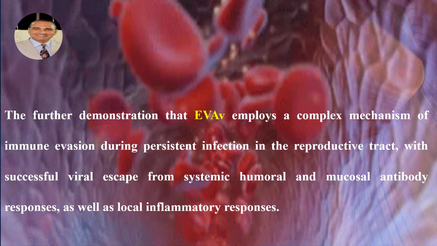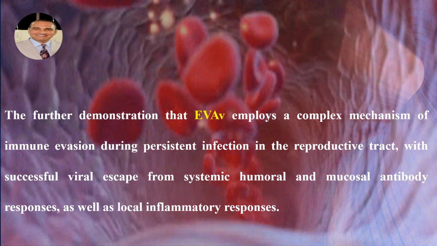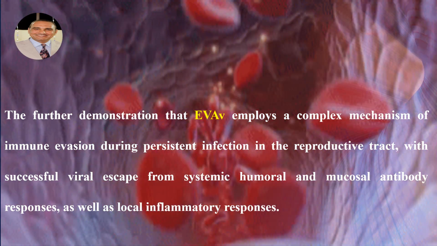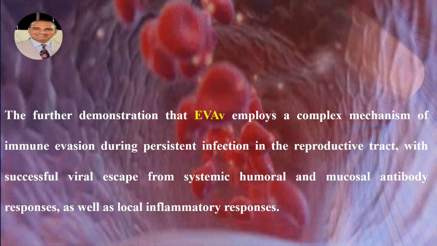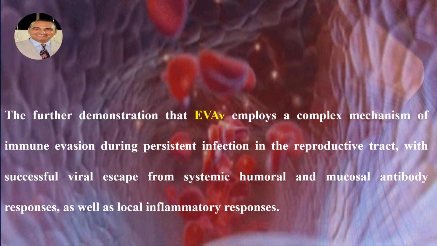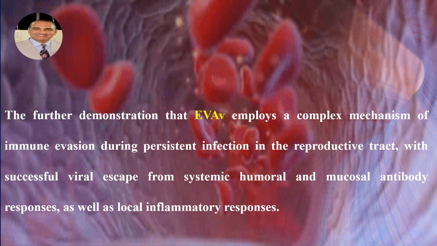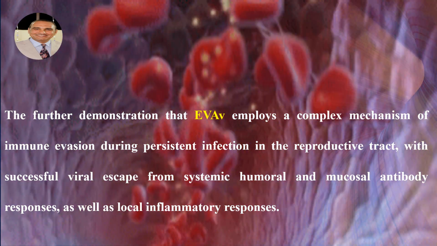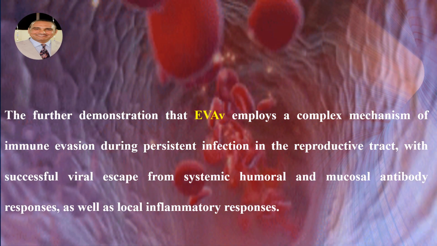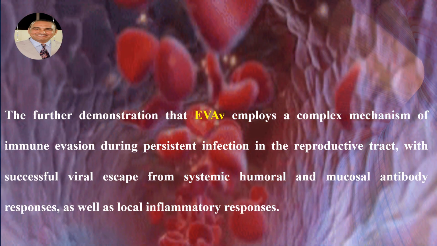It was further demonstrated that equine viral arteritis virus employs a complex mechanism of immune evasion during persistent infection in the reproductive tract, with successful viral escape from systemic humoral and mucosal antibody responses, as well as local inflammatory responses.